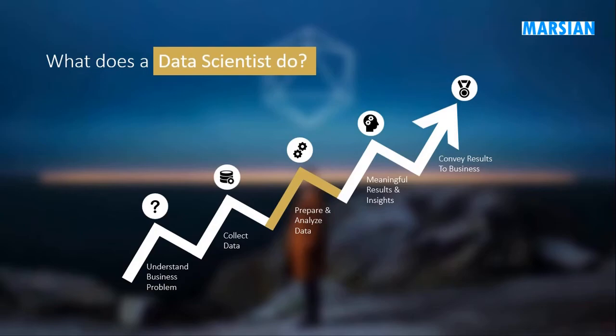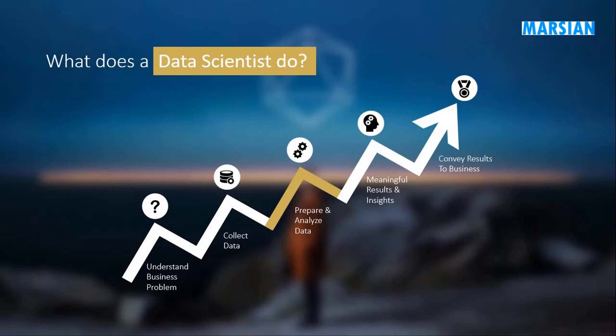Well, by definition, a data scientist is given a business problem that needs to be solved. The data scientist then talks to the business stakeholders to understand the problem thoroughly by asking the right questions, and discusses more and more about the problem. Once the data scientist understands the problem to its core, he starts looking for data to solve the problem.